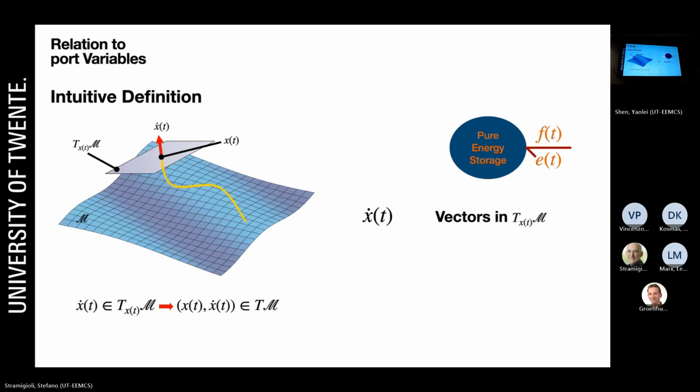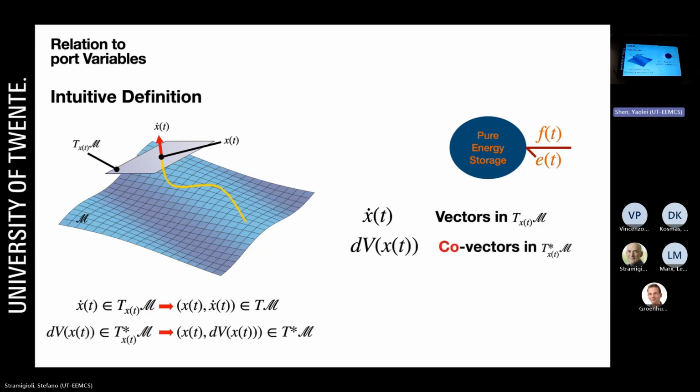Now, what we also know, and this is the cool stuff, is that if we have an energy function on the manifold, it turns out, and this is precisely the way Frederick introduced it, that dV, what is called the differential of V, which is not the gradient, and I'll show you why in a second, turns out to be a covector.